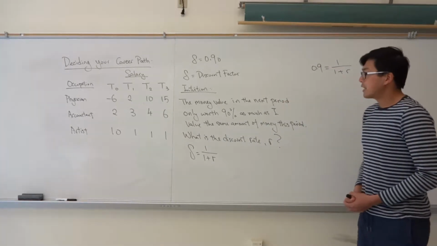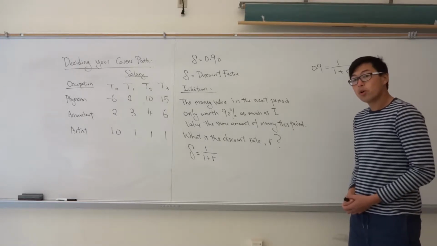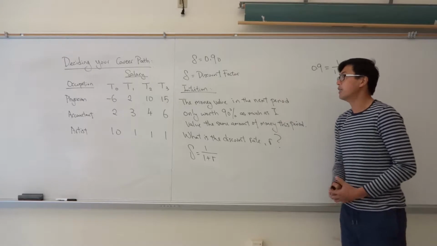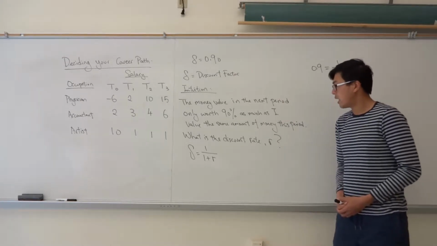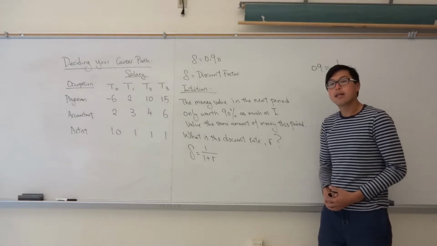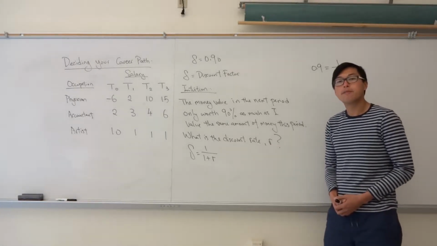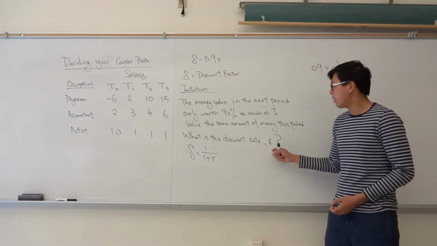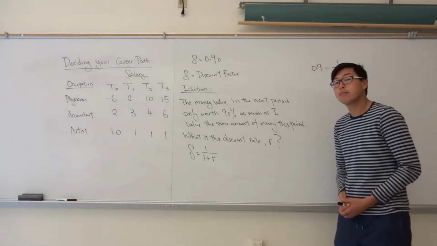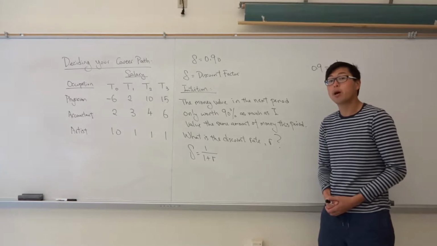So I have this exercise for you. Given the fact that the discount factor is 0.9, I would like you to figure out what the discount rate is, that we have discussed in the chapter. This R here is the discount rate, sometimes we actually refer to this as a market interest rate.